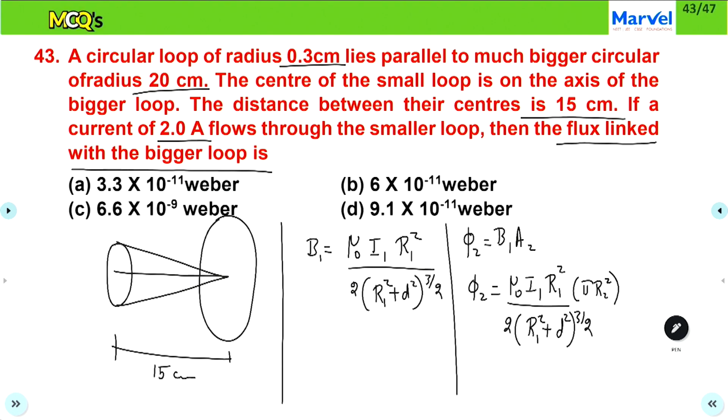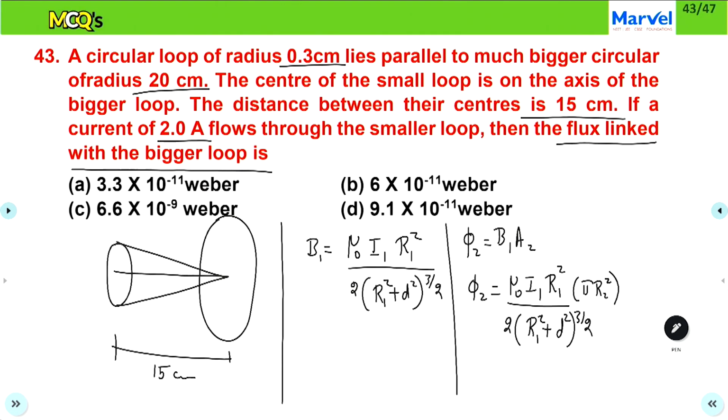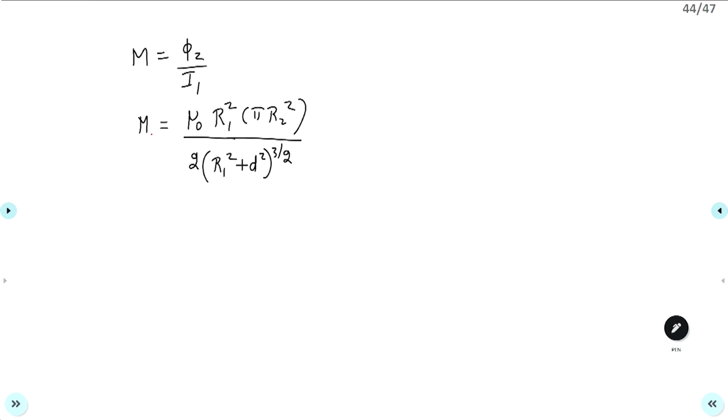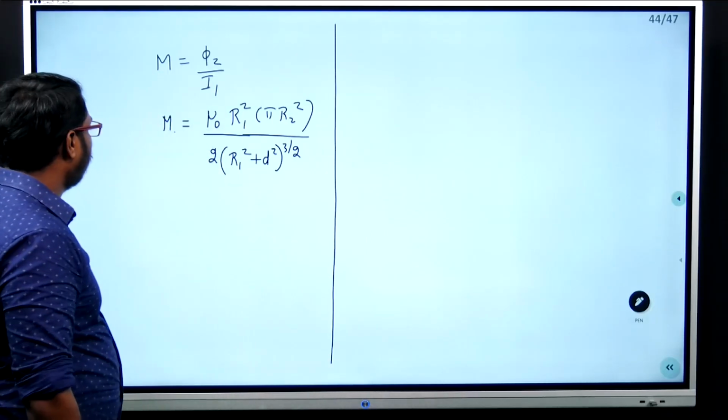Since we have I1 here, which gets cancelled away, it will be mu naught into R1 square into pi into R2 square divided by 2 into R1 square plus d square whole power 3 by 2. So this is the mutual inductance that we have found between the two coils.